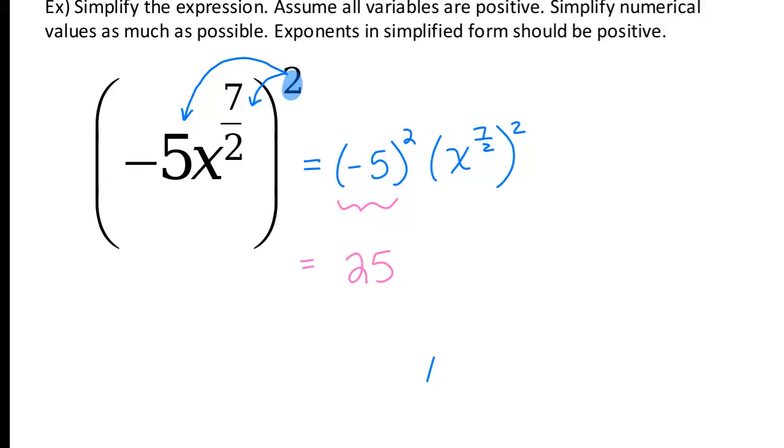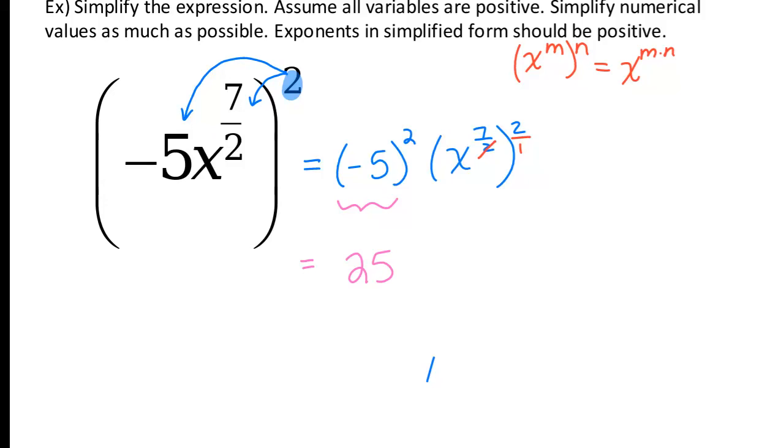And then what's my rule here? Is that power to a power? This is x to the m raised to the n power. So what's my rule with the exponents? Multiply. This is m times n, right? So take this 7/2 times 2/1. You can cross cancel.